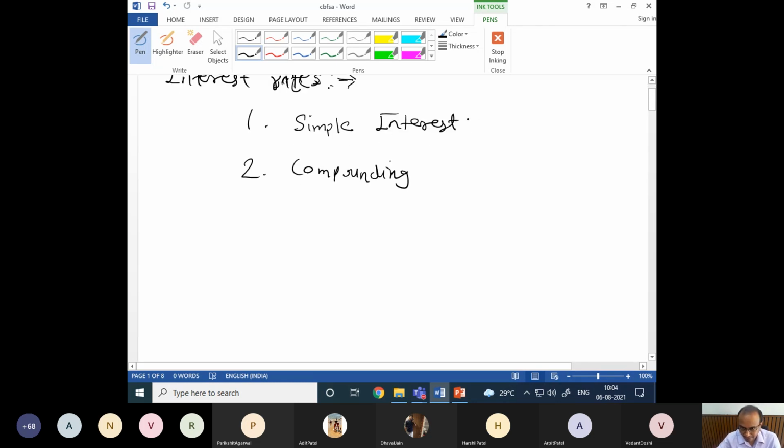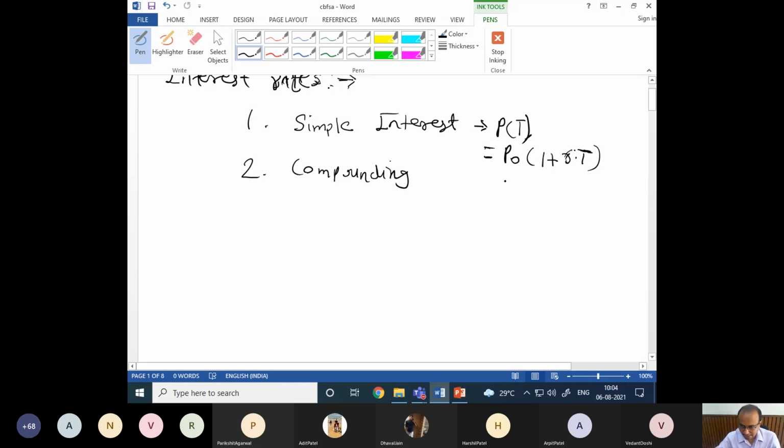In case of simple interest, if I calculate the value at time t equal to some capital T with an investment amount of P0, then it gives P0 into 1 plus R into T, where T is the number of years.